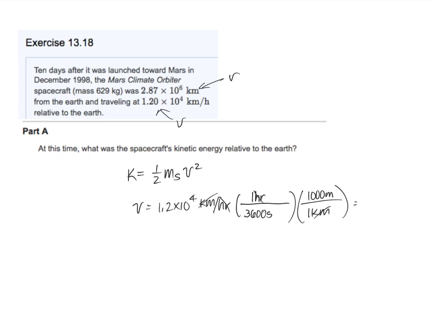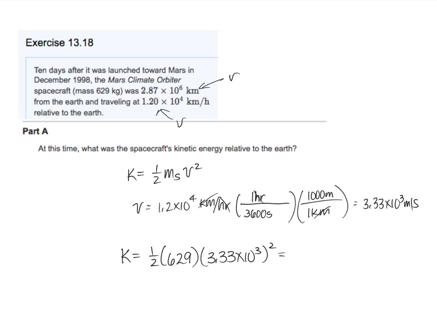Our answer is going to be in meters per second. And so we get 3.33 times 10 to the third meters per second is our velocity that we want to use here. So kinetic energy is 1/2 times the mass of the satellite, 629 kilograms, times the velocity squared in meters per second.